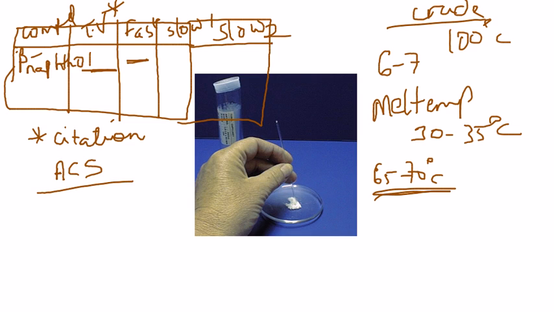That means you're going to cool it down to around 65 to 70 degrees Celsius or so. This is just a safe region, so that when you put in your 2 capillary tubes, they don't melt instantaneously. You then heat it again, nice and slow this time, so that you're able to get your measurement.